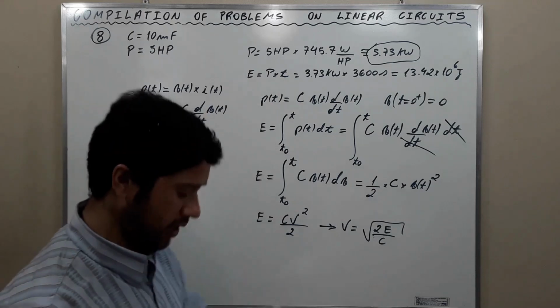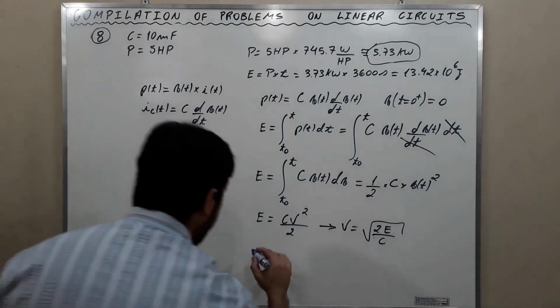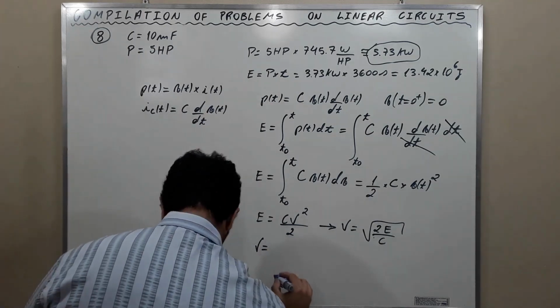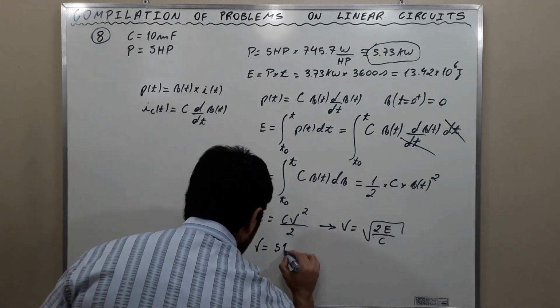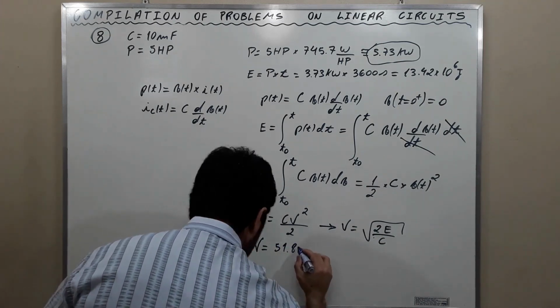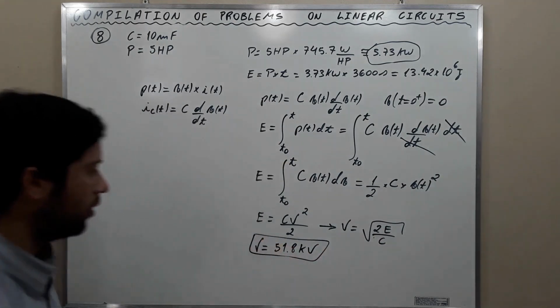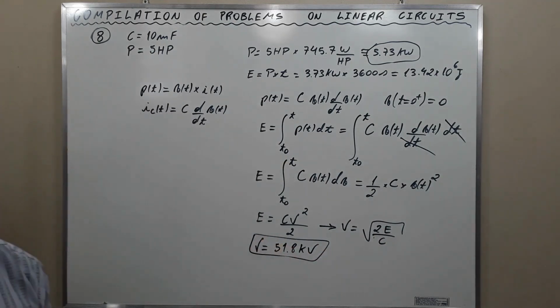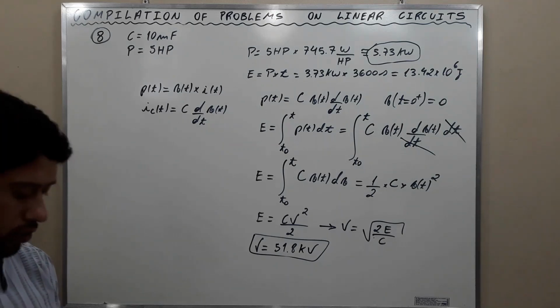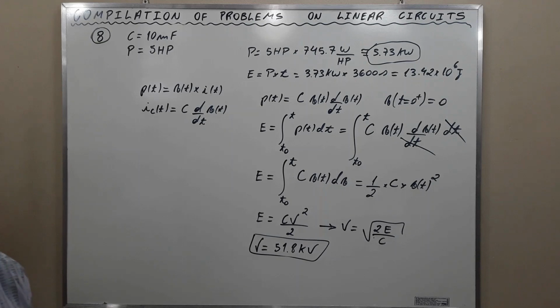Using these values here, we find a voltage of 51.8 kilovolts. Okay? 51,000 volts. 51.8 kilovolts. This is very dangerous for an automobile.